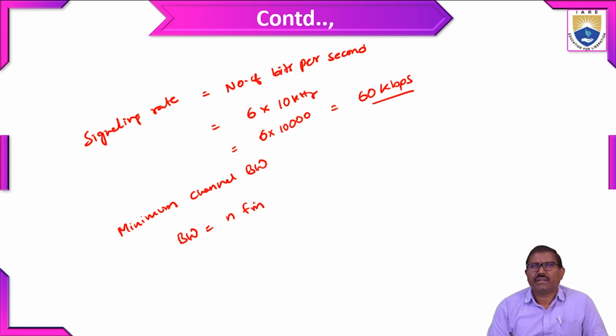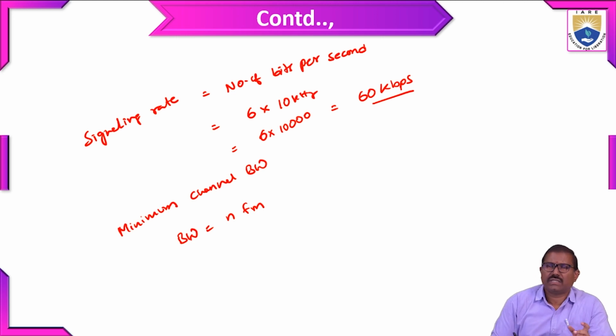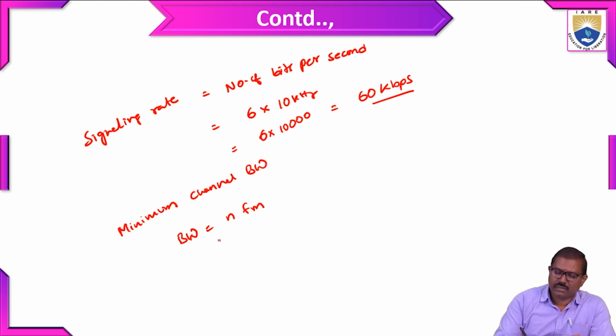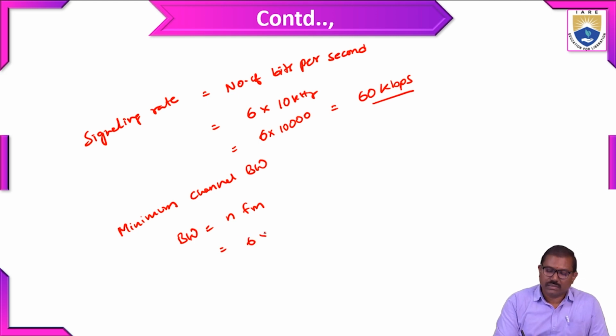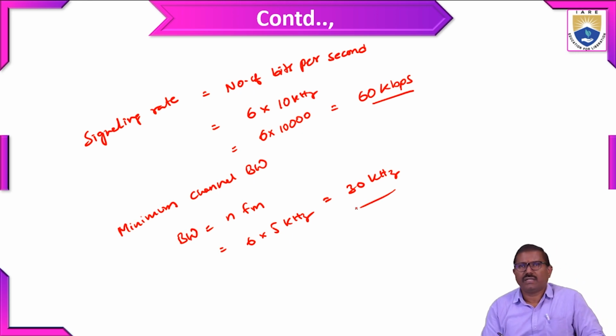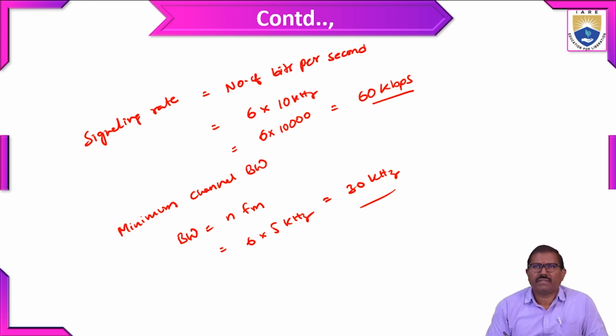Already fm is given. fm is the signal bandwidth, each channel bandwidth. So how many channels? Here 6 channels. What is fm? 5 kilo. So that is 30 kilohertz. Minimum channel bandwidth is 30 kilohertz.